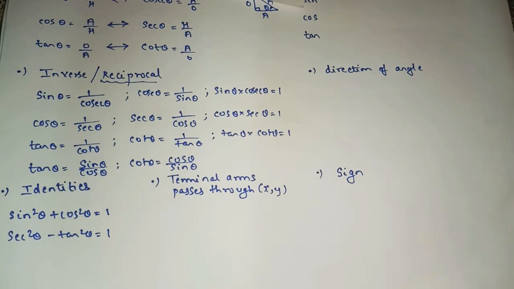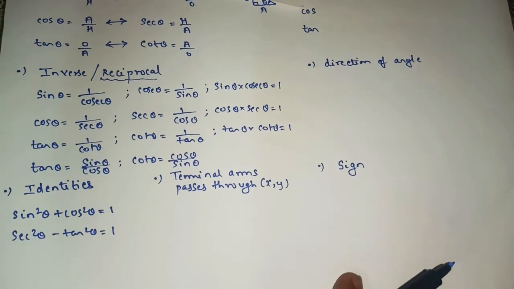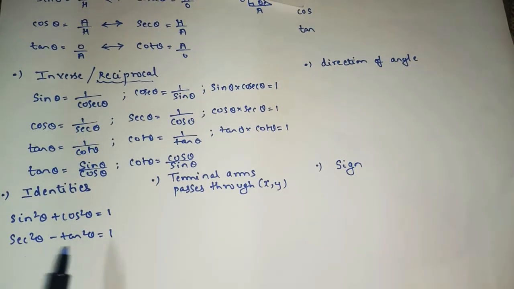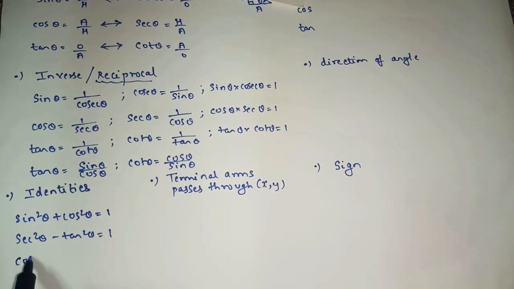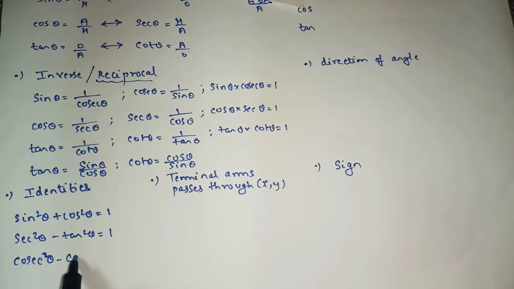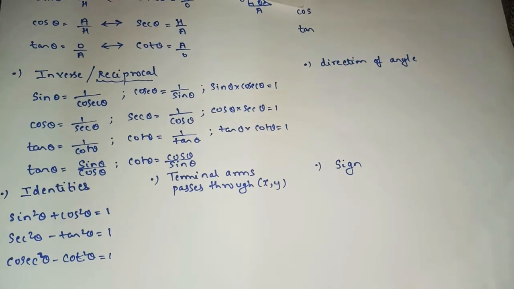Just try to buy the formulas: sin square theta plus cos square theta equals 1, then sec square theta minus tan square theta equals 1, and the third formula is cosec square theta minus cot square theta equals 1.